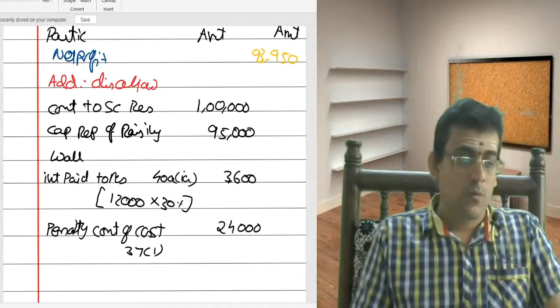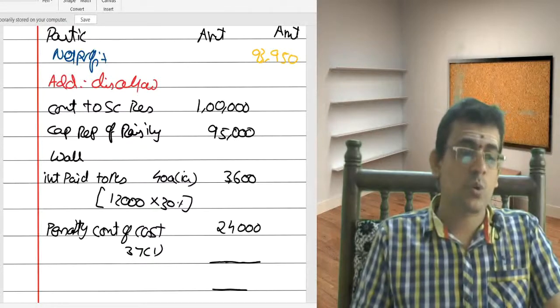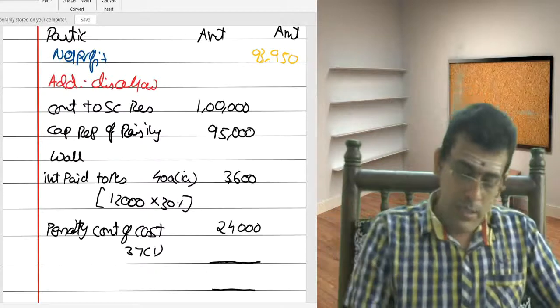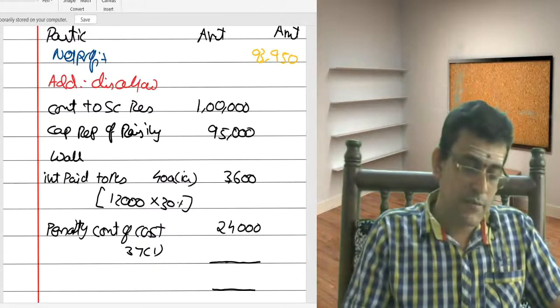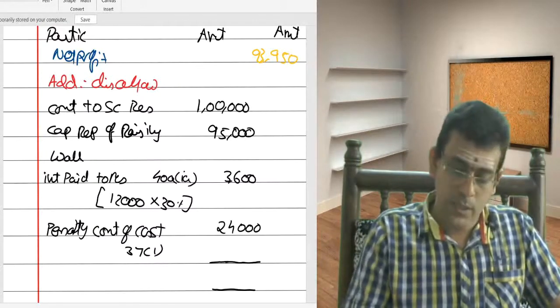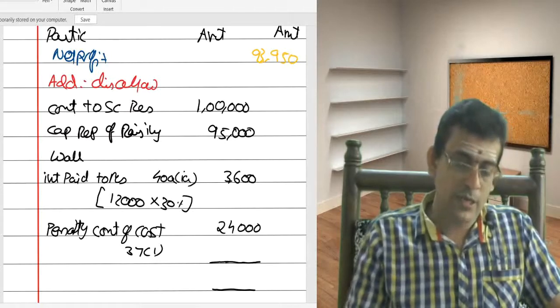So now whatever total of your additions you have, this total of your disallowances, you take that in your outer column. Now what is the total of disallowances I have? 1 lakh plus 95,000 plus 3,600 plus 24,000 gives me 2,22,600.